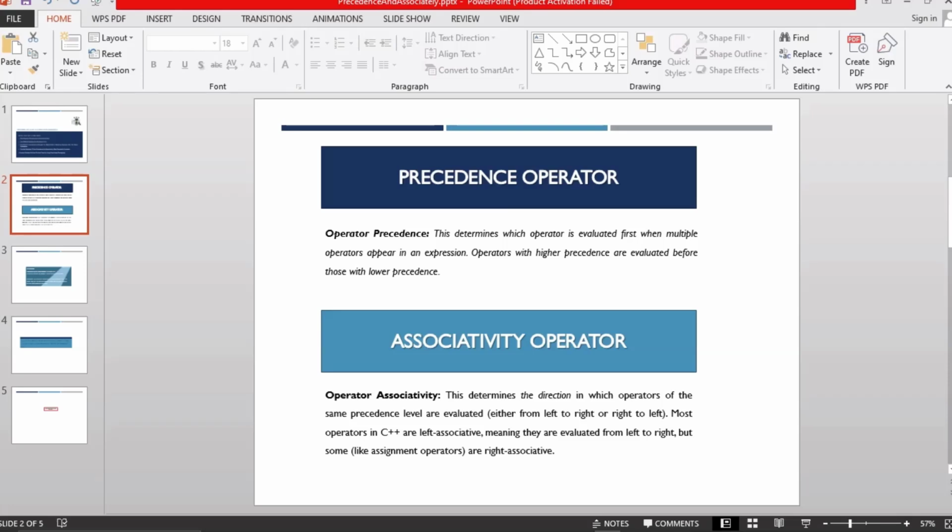The one with the higher precedence will come first.